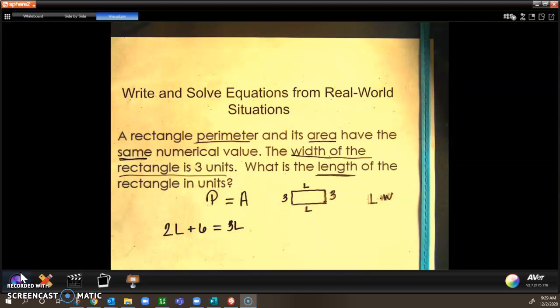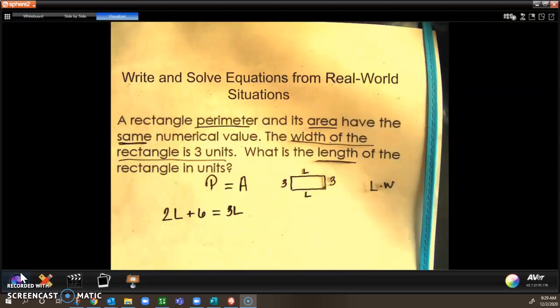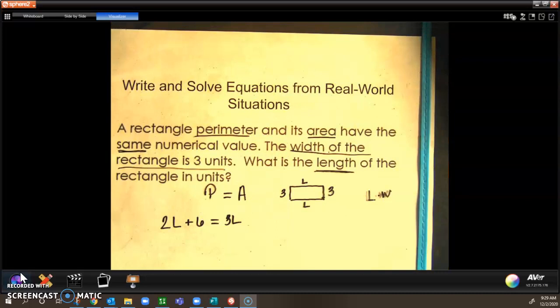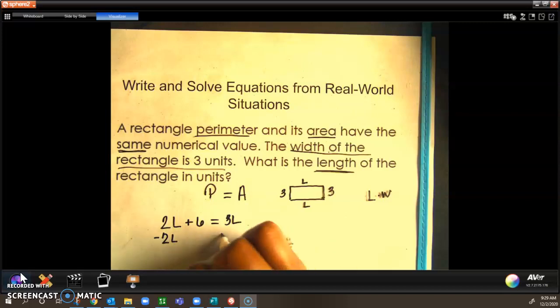Now that I have the equation, I can go ahead and solve. I'm going to move my smallest variable, which is 2L, so I'm going to subtract 2L on both sides. What I do to one side, I do to the other.